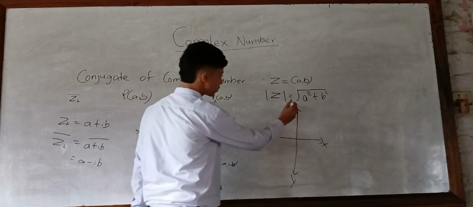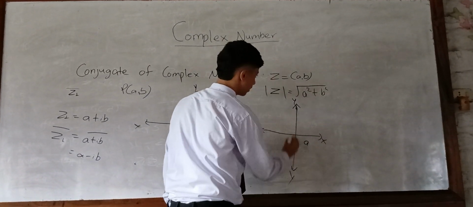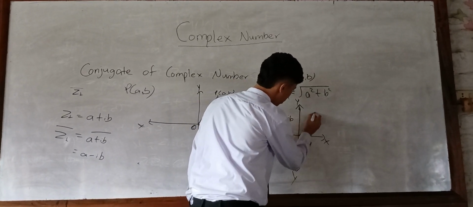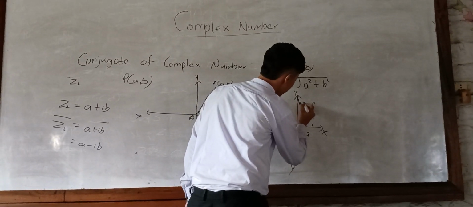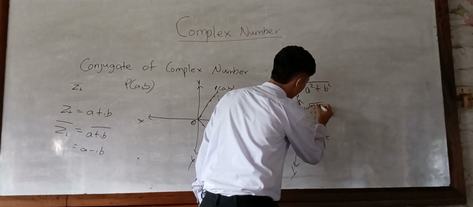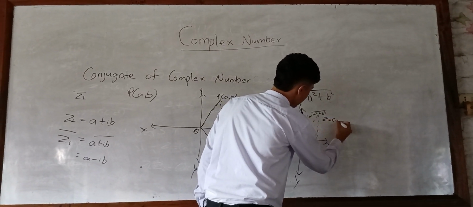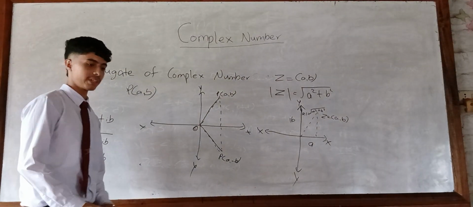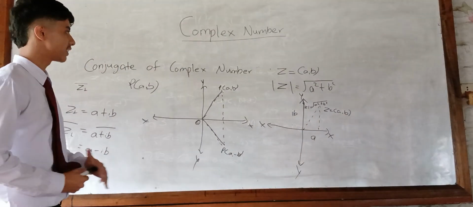As we already know, y is the imaginary part and x is the real part, a, and then this will be ib. Then the modulus of z is equal to the square root of a square plus b square, as z equals a comma b. So I have explained the basic terminologies related to complex numbers, the conjugate, and the absolute value.